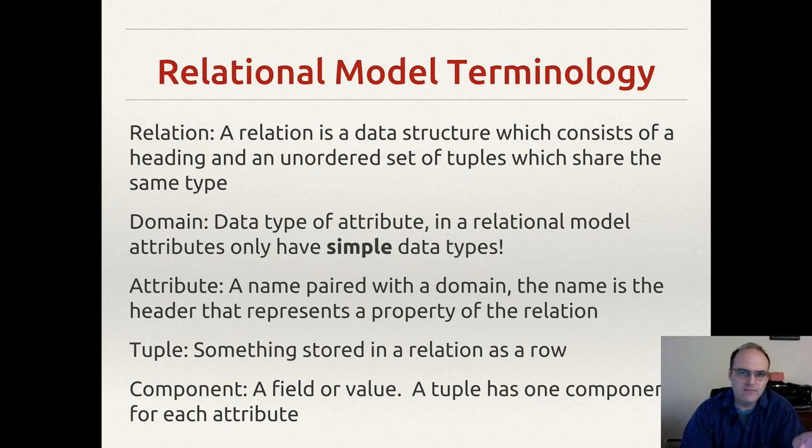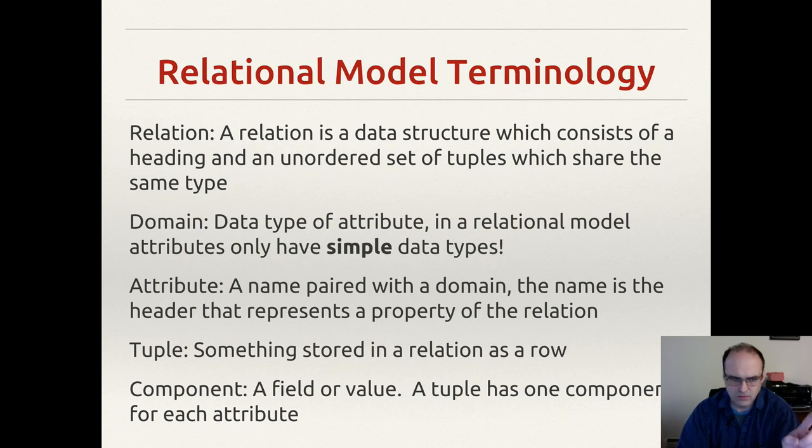Let's look at some terminology now, because I'm going to still refer occasionally to, say, rows and columns, but really what I want to do is hone in on the terminology that is actually used for relational models. And we talked about a relation, right? And we said that's analogous with a table, and that is a data structure that consists of a heading and an unordered set of tuples.